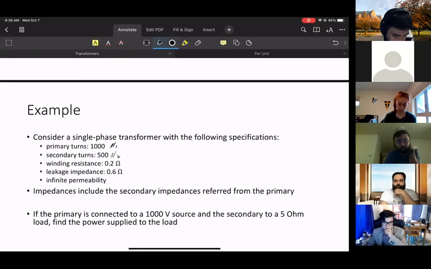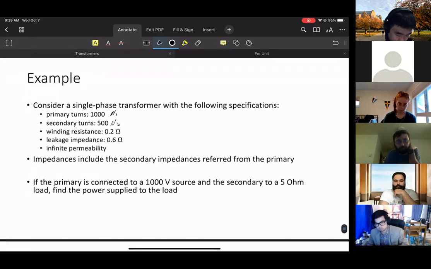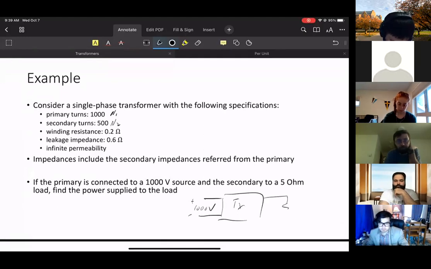Now we connect this transformer: on the primary side, we connect it to 100,000 volts, and then we connect a 5 ohm load. Let's find the power supplied to the load. If we know the model, the circuit is not very difficult to solve.